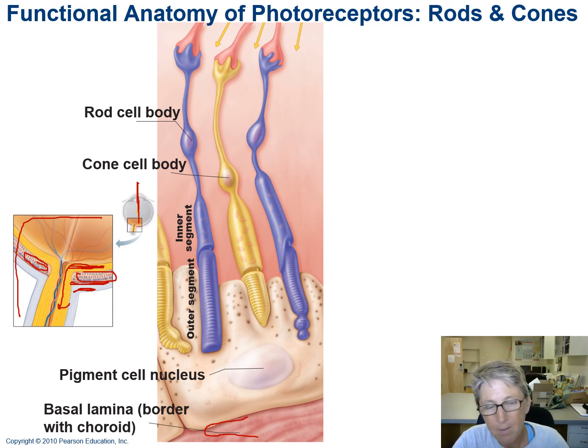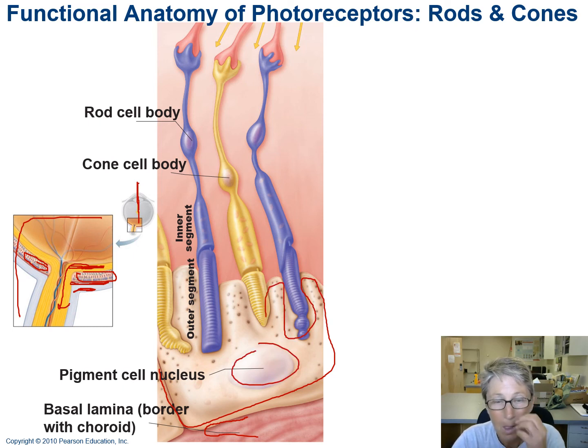With the retina, there's a neural layer, and then there's a pigmented layer. So here's a pigment cell. This whole thing is a pigment cell. Here's the nucleus of the pigment cell. And then you can see that the neural layer of the retina includes the phototransducing cells, or you can also call them the photoreceptor cells. So the purple things are the rods or rod cells, and then here's the cones.